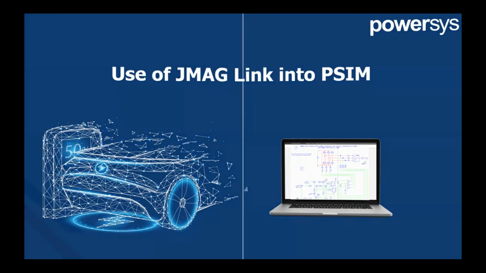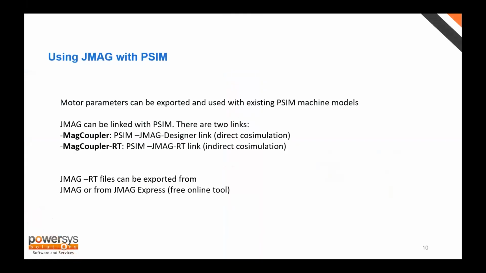So I think this link could also be useful in order to use a software which can drive your motor correctly. So first, we have two different links between PSIM and JMAG. As you may know, the motor parameters from JMAG will be exported and used inside the PSIM machine models.